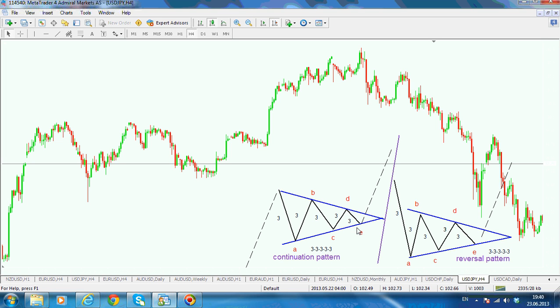Waves of a contracting triangle typically travel between the 2 trend lines of the triangle, the upper trend line and the lower trend line. Usually these trend lines are going in opposite directions, and eventually they will meet at some specific point in time.